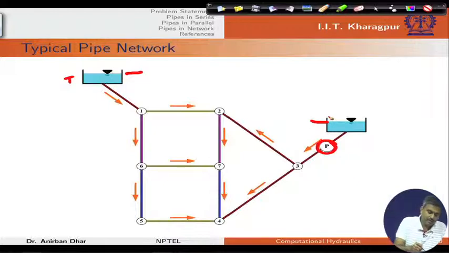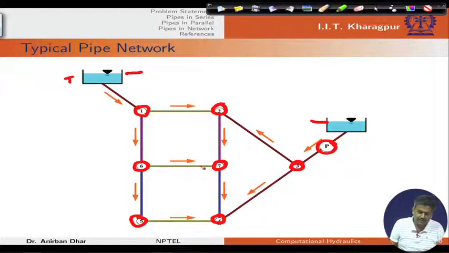Now, we have a total of 1, 2, 3, 4, 5, 6, 7, these 7 nodes.